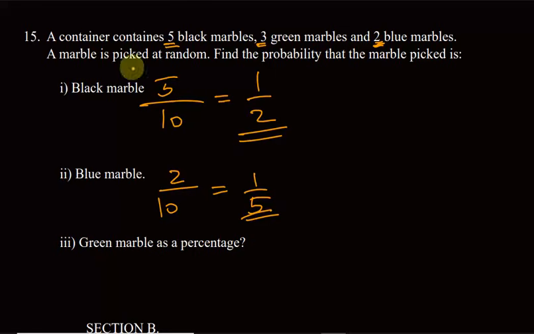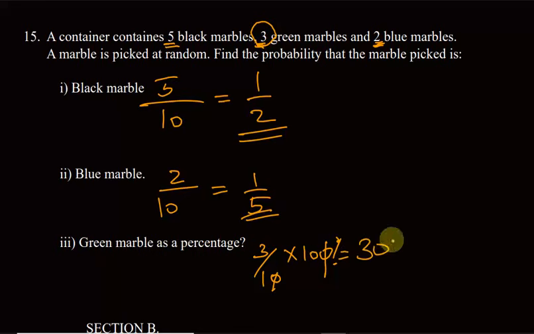Green marble is 3, so it will be 3 over 10, which is the total. As a percentage, we just multiply by 100%. Therefore, the 0 can cancel. 10 times 3 is 30. So 30%.